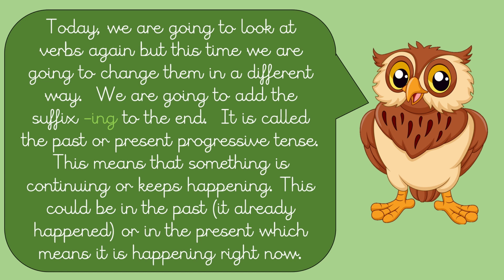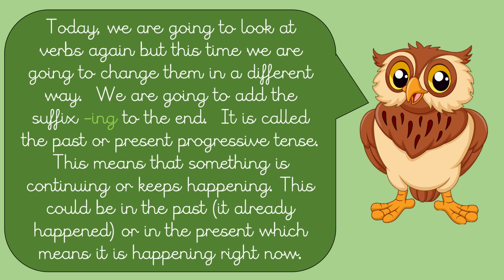Today we are going to look at verbs again, but this time we are going to change them in a different way. We are going to add the suffix ing to the end. It is called the past or present progressive tense. This means that something is continuing or keeps happening. This could be in the past, it's already happened, or in the present, which means it is happening right now.